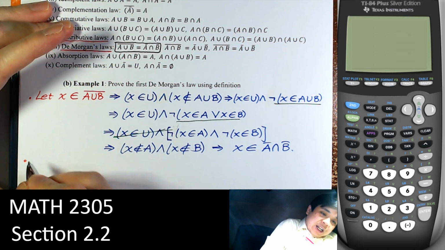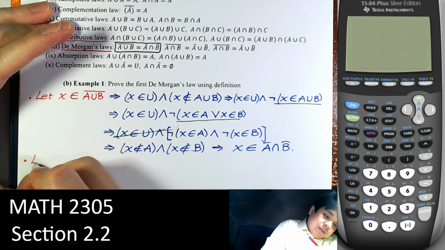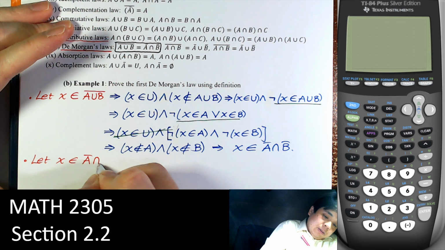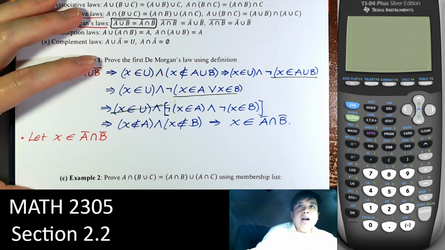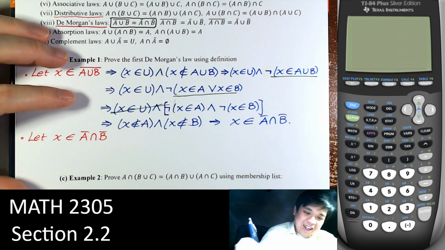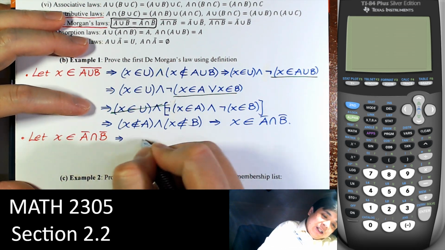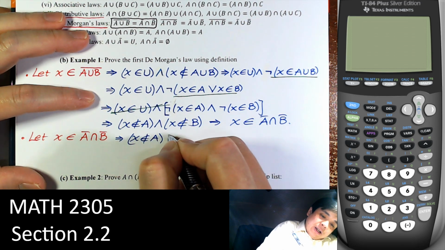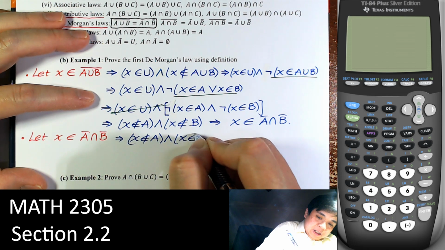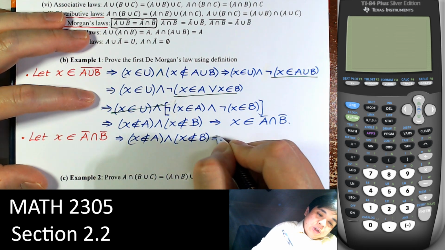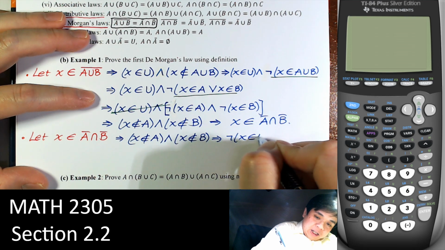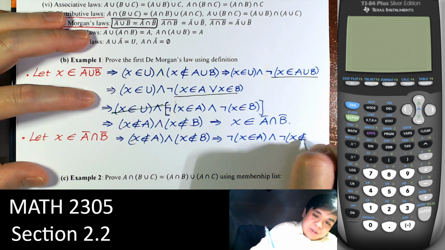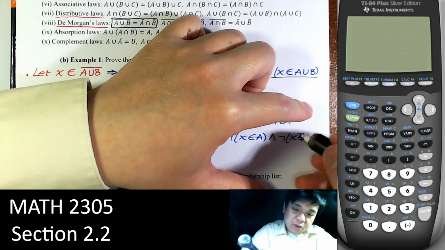Right, one side. Now we move from this to the left, because this pretty much we write backward. By definition, intersection means that X is not in A and X is not in B, which we can write using negation: X in A, negate, X not in B. Negate already, so it's going to be not.